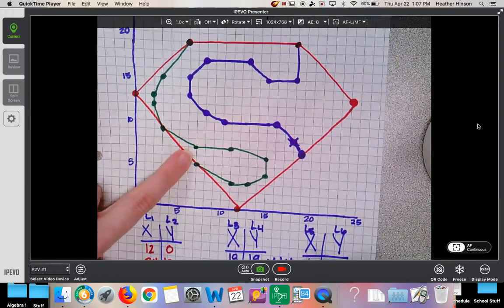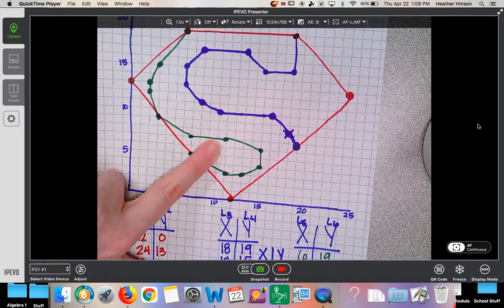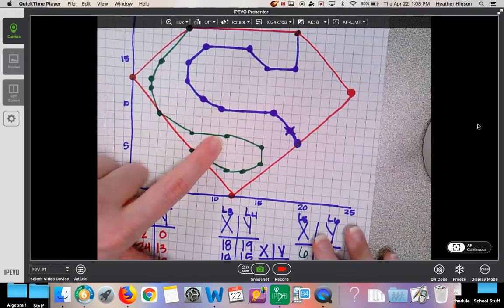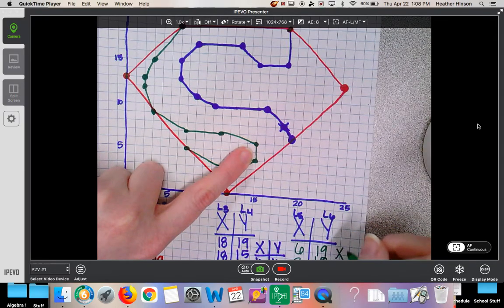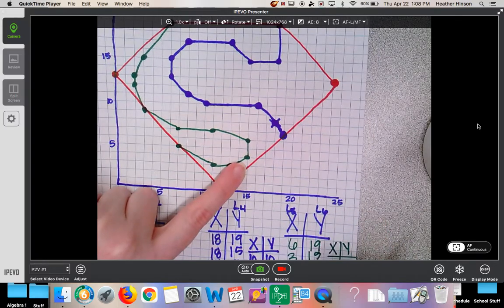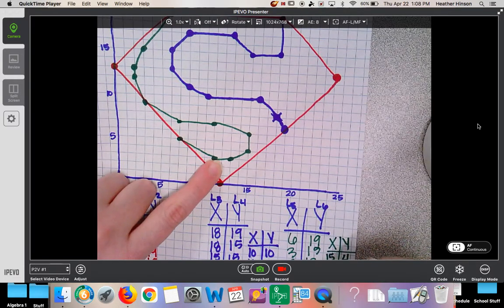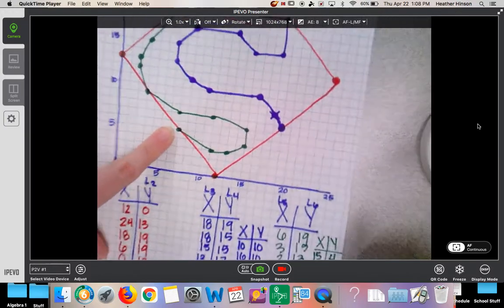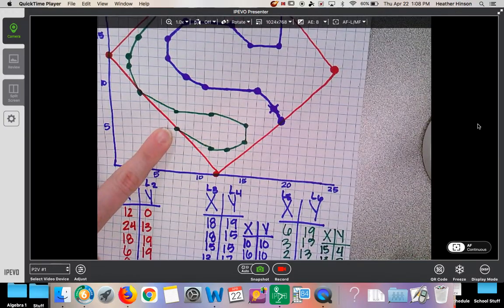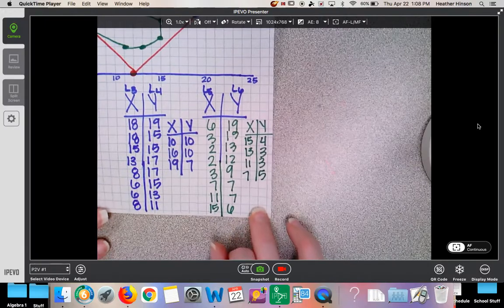What's that? 7, 7. 11, 7. 15, 6. 15, 4. 13, 3. 11, 3. And it's going to end at 7, 5. Okay, so I've got my table for that one.